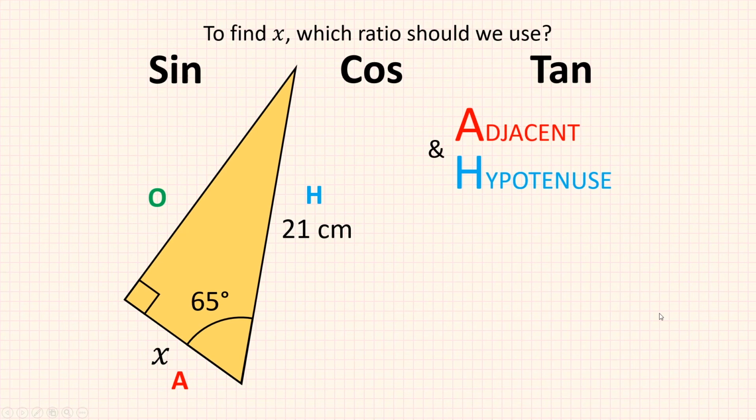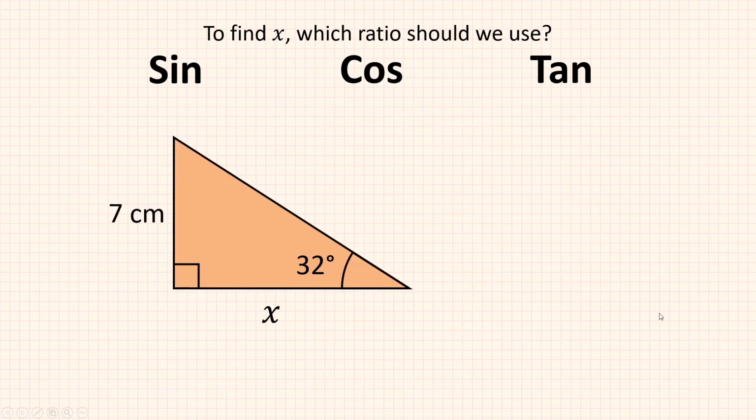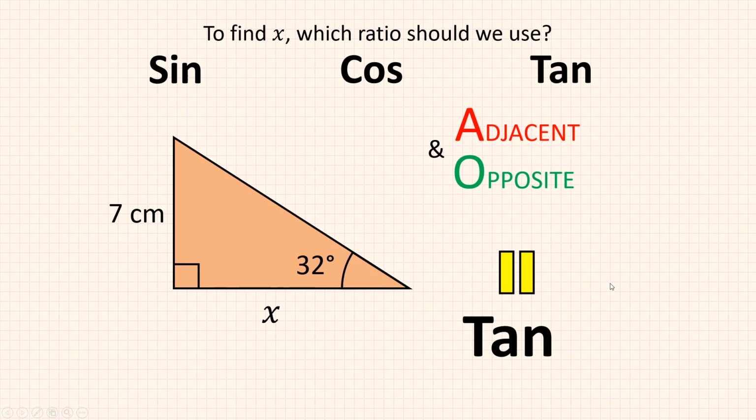We've got the adjacent and the hypotenuse. We're going to use cos again. One more. Here it is, what we need. Adjacent, opposite, tan. So hopefully that's helped and you're becoming a lot better at deciding which ratio to use.